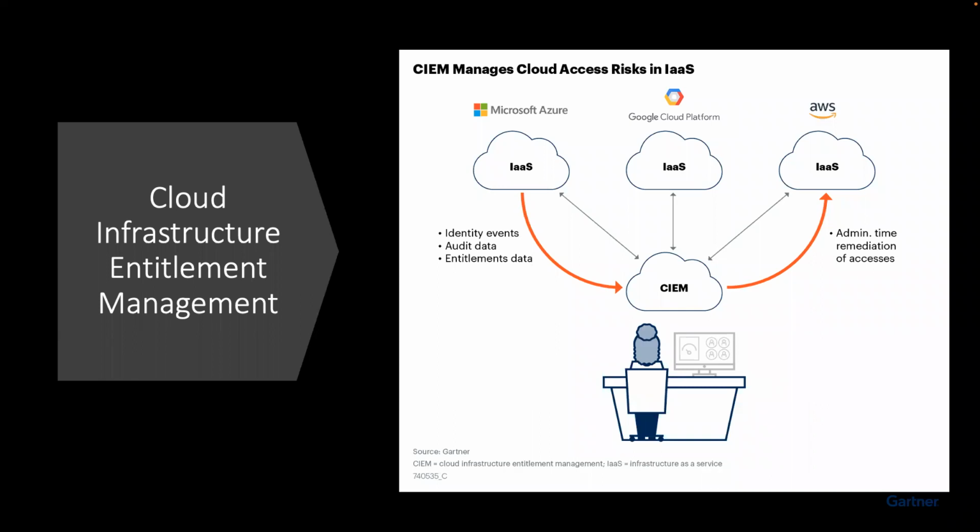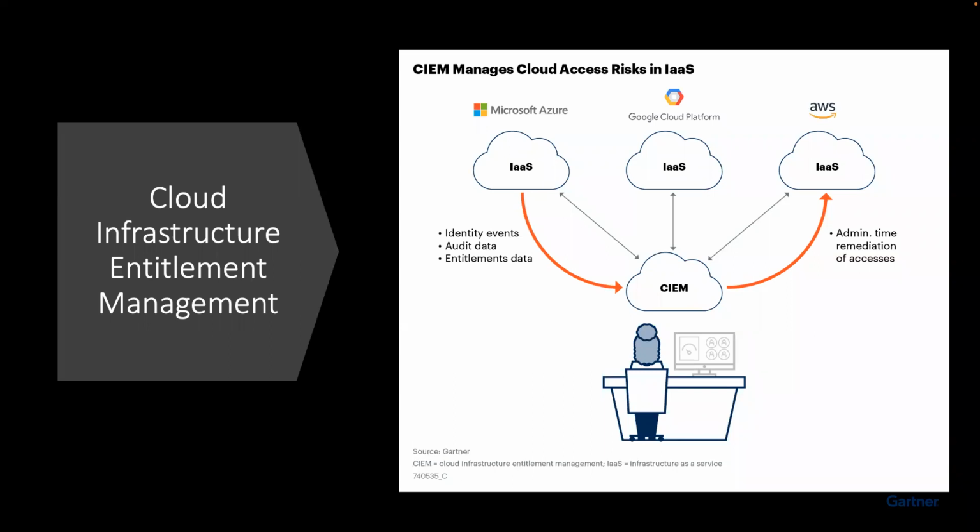Most of the CIEM vendors at this stage primarily focus on AWS, Azure, and GCP. If you read about CIEM, it works on a very simple concept. The first step is to onboard your AWS account or organization, Azure tenant subscription, or your GCP organizations or folders or projects onto the CIEM solution.